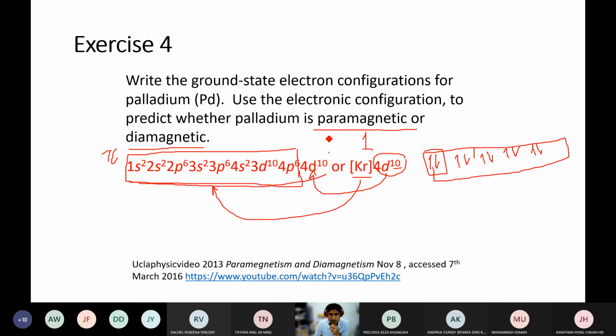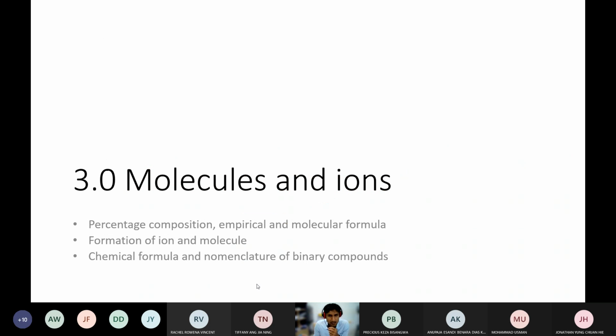So it has 4d10, all of them are paired, so palladium is diamagnetic in this case, and it will be repelled from an external magnetic field.